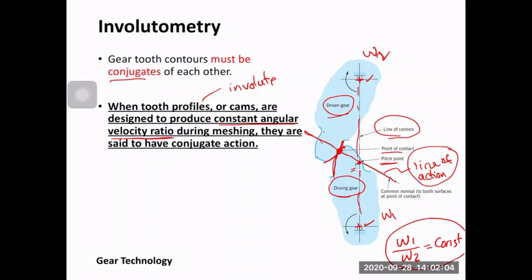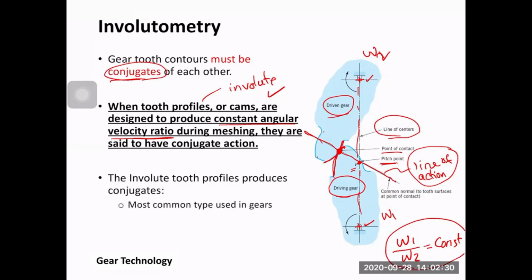But in order to produce this constant angular velocity, you have to have what's called conjugate action, and this conjugate action is enabled by using involute curves. Okay, so the involute tooth profile produces conjugate action, and this is the most common type. Most gears have their teeth profiled using the involute shape, okay?